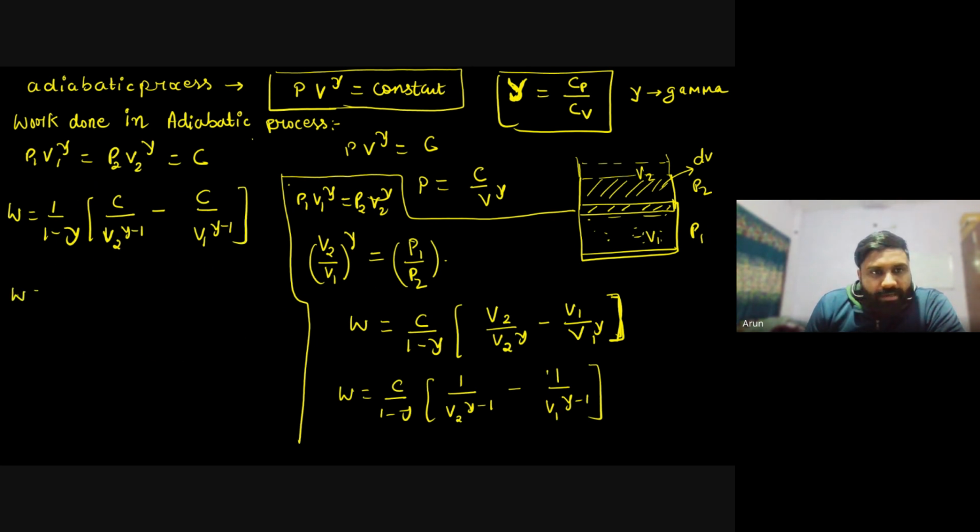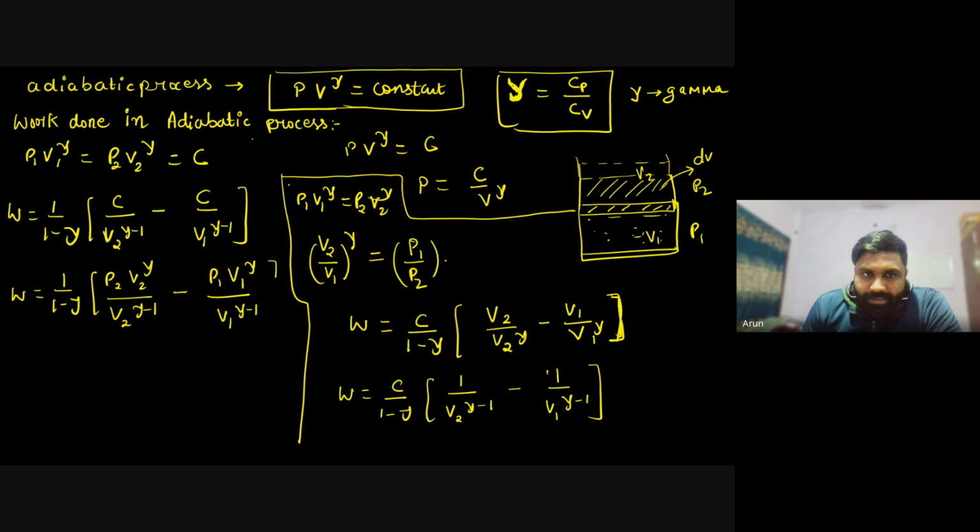So W will become 1 upon 1 minus gamma, P2 V2 raised to the power gamma divided by V2 raised to the power gamma minus 1, minus P1 V1 raised to the power gamma divided by V1 raised to the power gamma minus 1. Now you can see here this is V2 raised to the power gamma into V2 raised to the power minus 1.